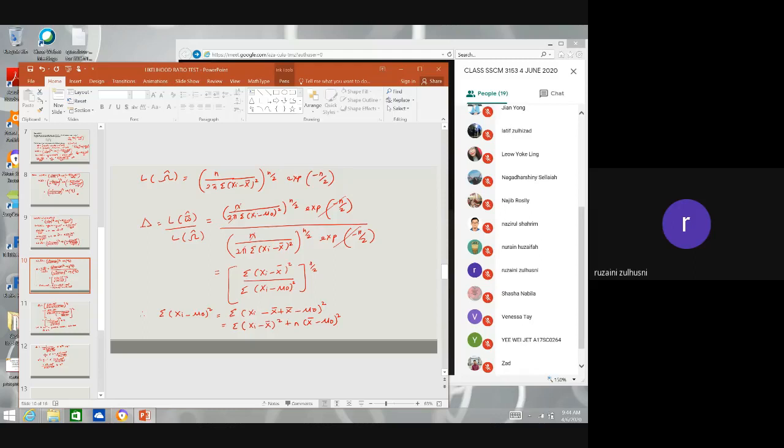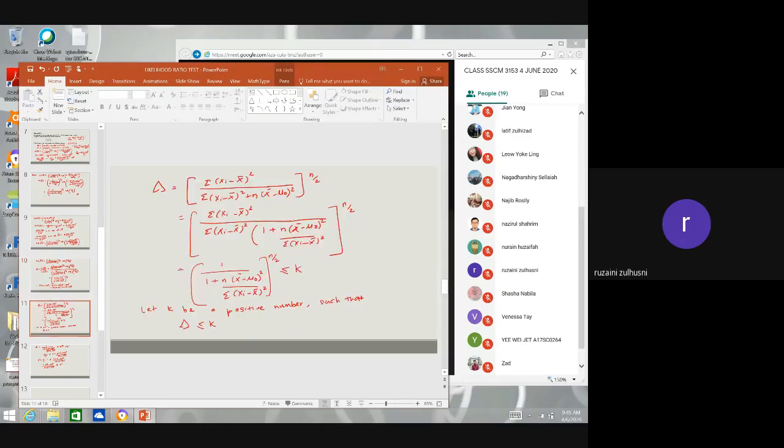Okay. So to make it simpler, that means to reach the conclusion, I take summation xi minus mu naught square. So we expand, we use summation xi minus x bar plus x bar minus mu naught square. So again, substitute in the value, cancel out. So you have this term. So now your likelihood ratio is less than or equals to K. Okay, less than or equals to K. So we have this one.